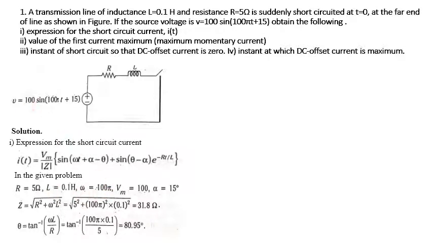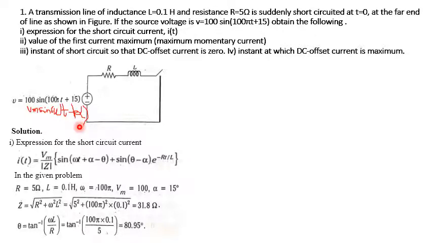How did we get this? This is similar to Vm sine omega t plus alpha, so we can relate it to this equation.